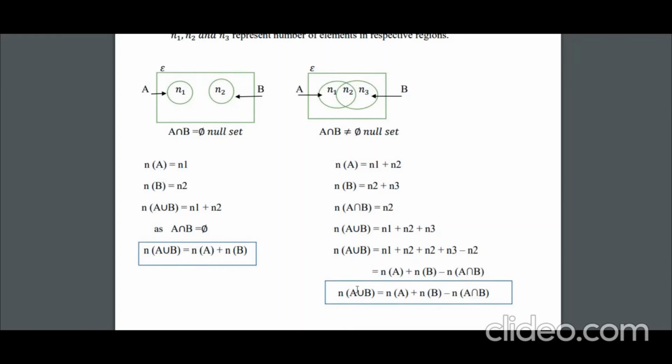So n(A union B) equals n(A) plus n(B) minus n(A intersection B). And we can still get the earlier equation from this, because when A intersection B is null, an empty set, the number of elements is 0, which gives n(A union B) equals n(A) plus n(B).